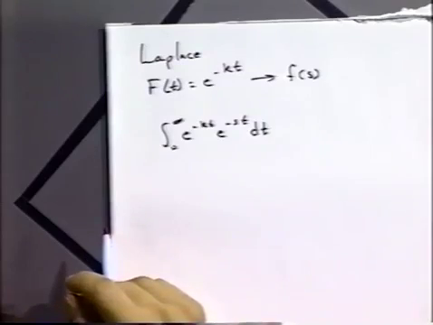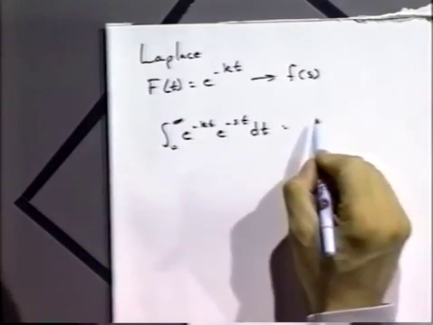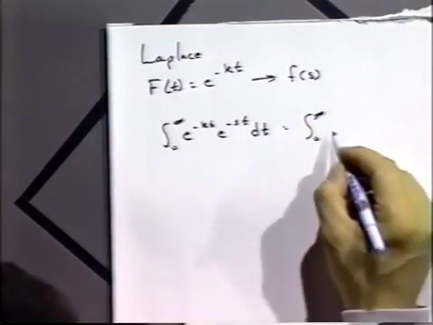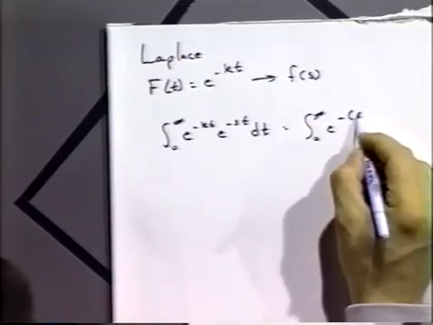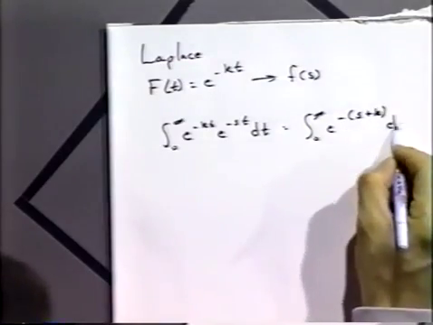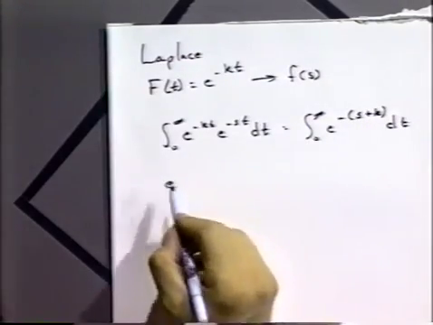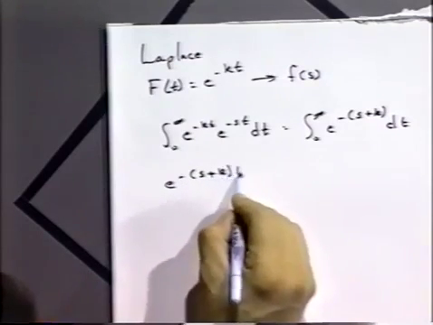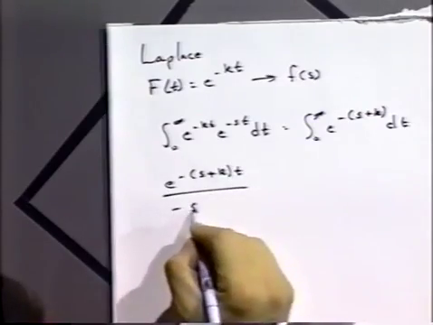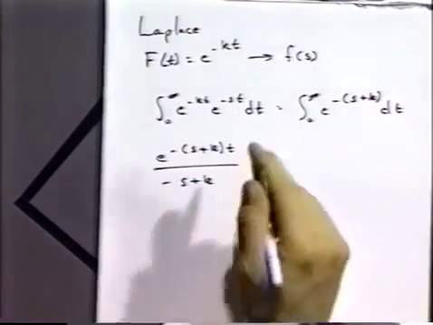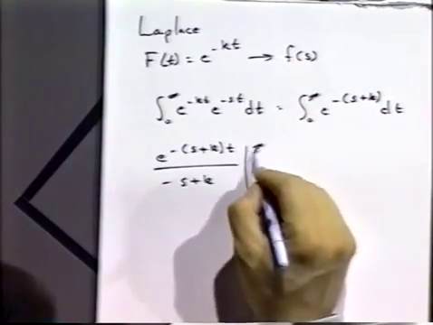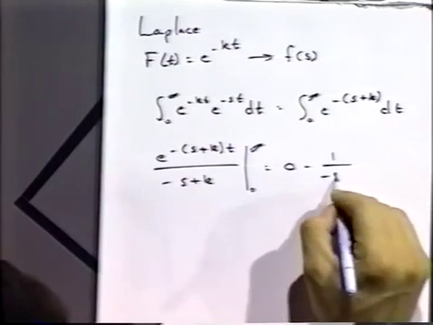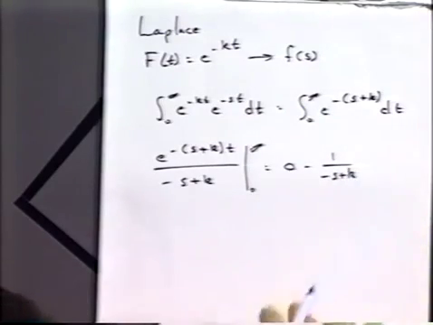That can be easily rearranged, as we mentioned last time, to give us this form of the problem, and the solution to that integral is like so. We evaluate from 0 to infinity, and that would be 0 minus 1 over minus s plus k.